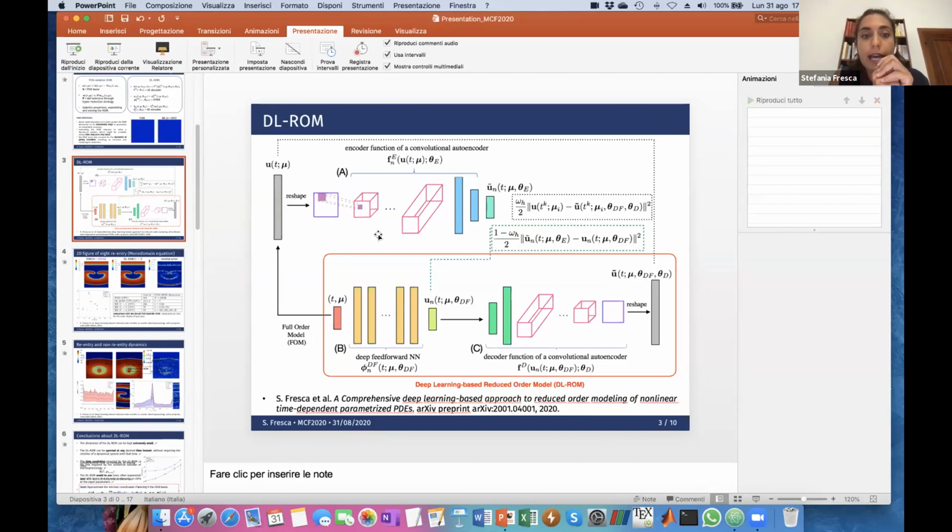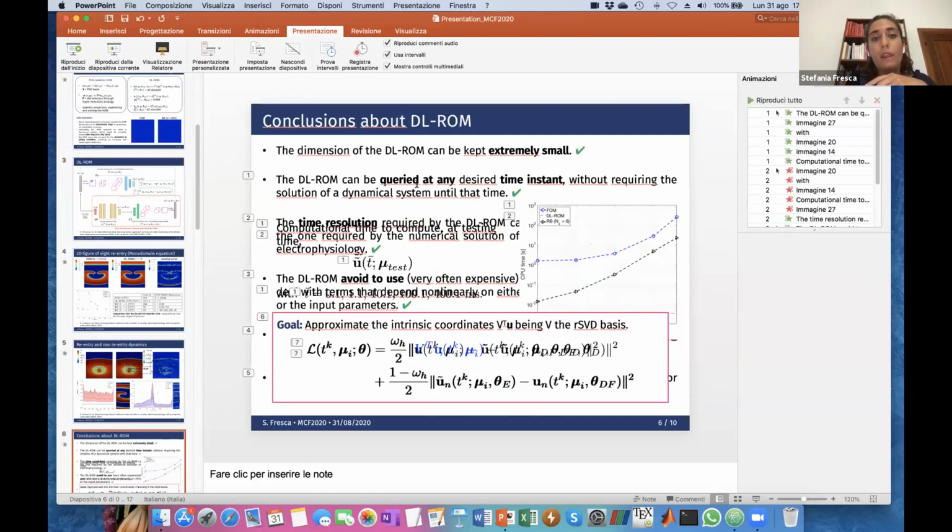And regarding the deep feed-forward neural network, I also tried LSTM neural networks, which take into account the time structure of the solution, but I achieved better results with the DFNN, which moreover allows us to query the solution at any time instance without having a time structure behind. Okay, thank you.